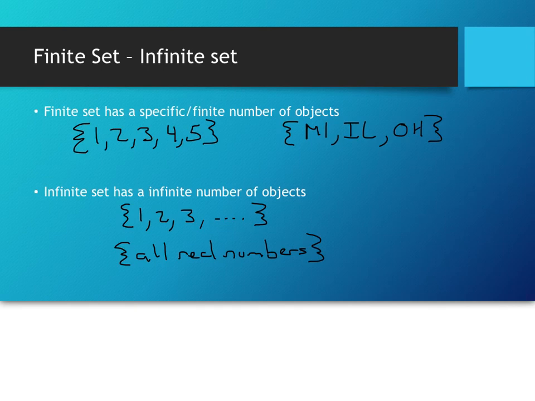All right? There's no end to the real numbers. There's no end to the counting numbers. And we're going to look at some of the interesting things that happen with infinite sets in the last section of this chapter. Finite sets we're going to deal with for the most part, but I will say some really odd and interesting things happen with infinite sets.